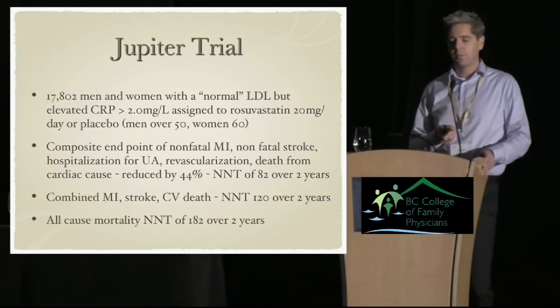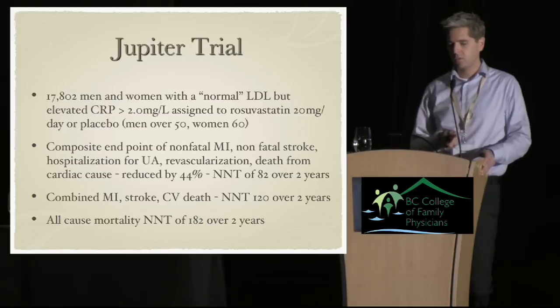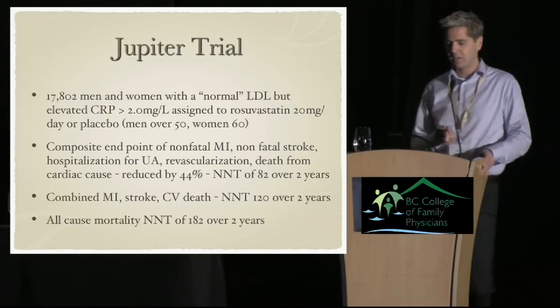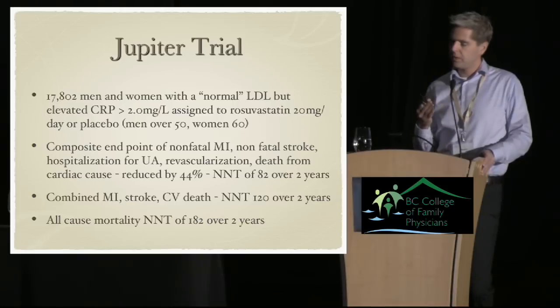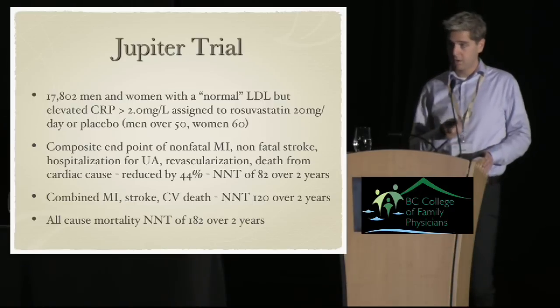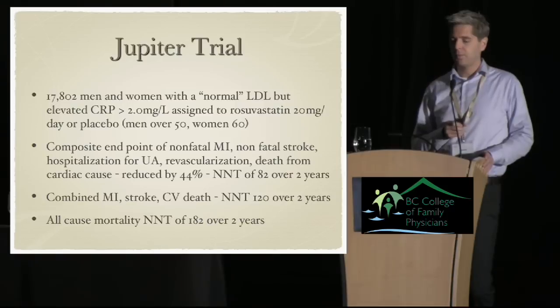And they had a composite endpoint: non-fatal MI, non-fatal stroke, hospitalization for chest pain or unstable angina, revascularization, death from any cardiac cause. So they could show if you took those higher risk people with a CRP greater than 2 and you put them onto statin for 2 years, you could reduce that composite endpoint, not death, but that composite endpoint by about 44%.